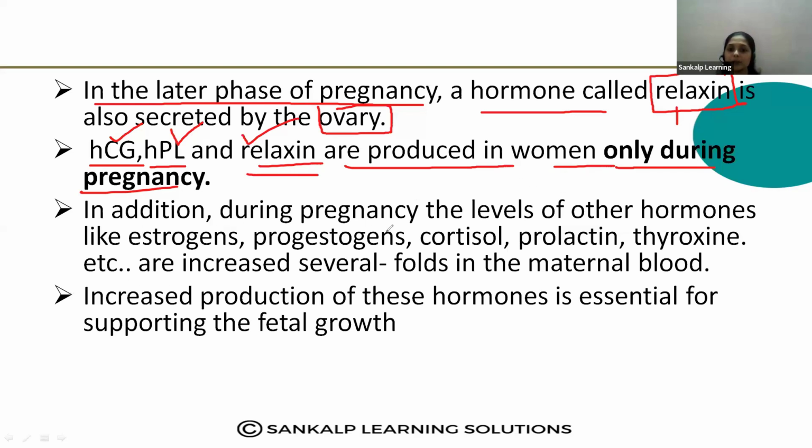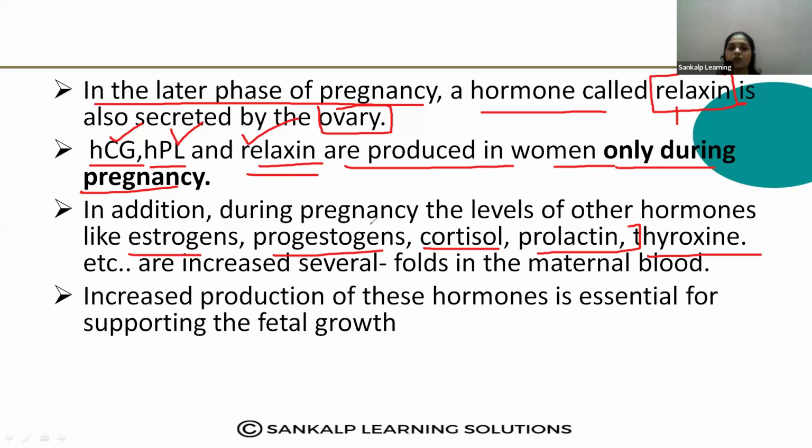And during pregnancy, the levels of hormones like estrogens, progesterones, cortisol, prolactin, and thyroxine are increased several folds in the maternal blood.